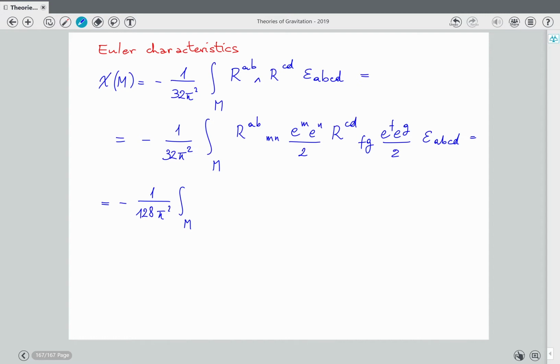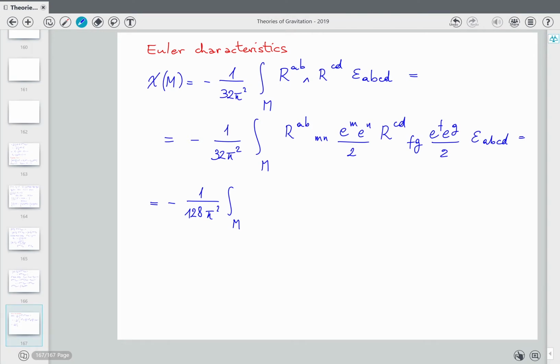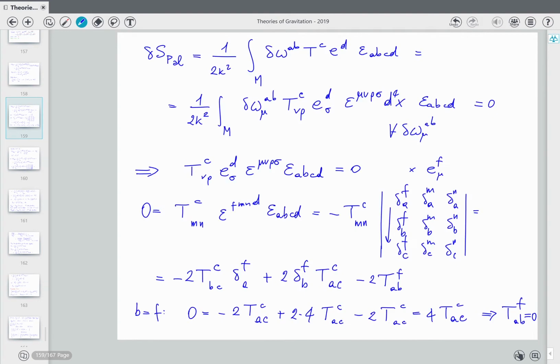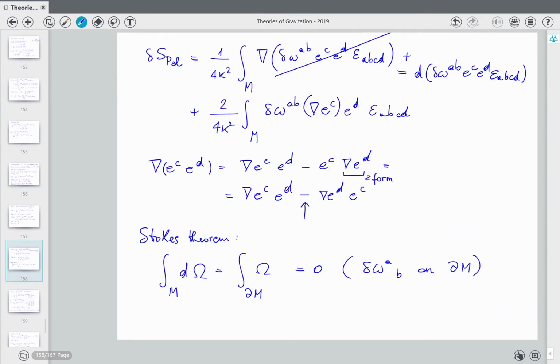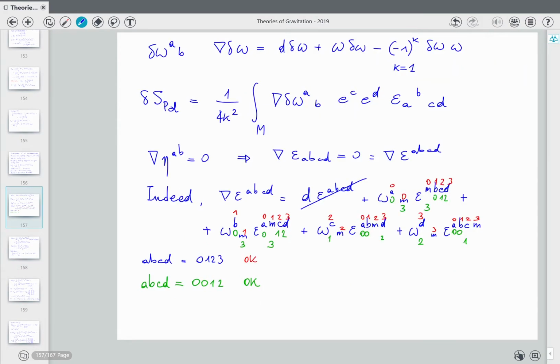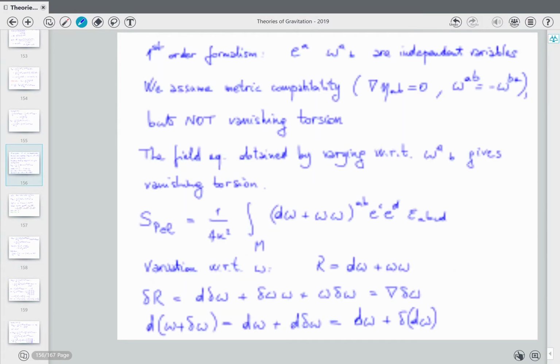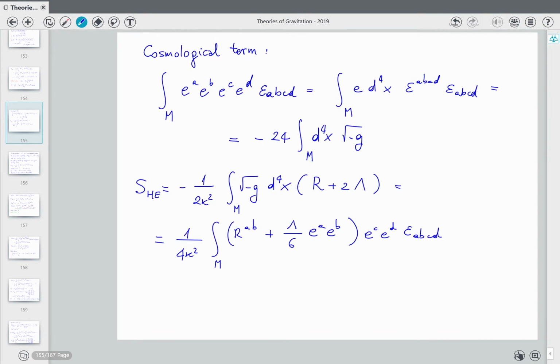You should remember that yesterday we saw what that gives: the determinant e, times d^4x times the epsilon tensor itself.